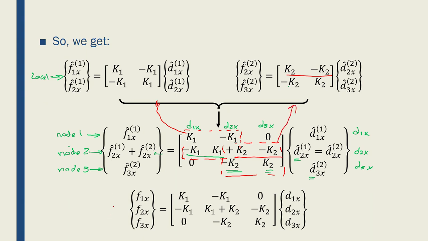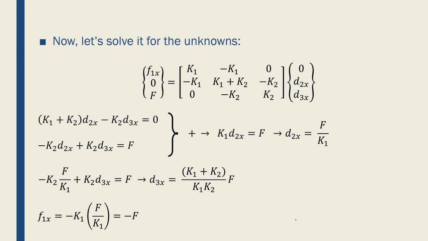And as a result, I'll end up with this matrix notation: F1x, F2x, F3x is equal to [K1, -K1, 0; -K1, K1 plus K2, -K2; 0, -K2, K2] times D1x, D2x, D3x. So we found that equation.